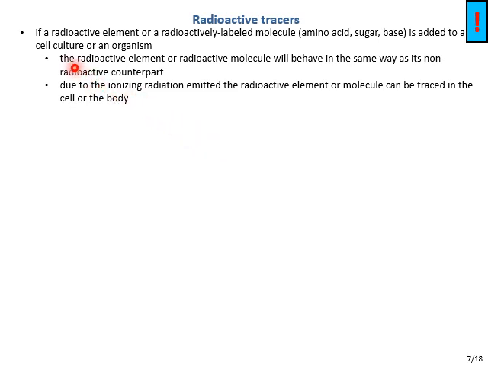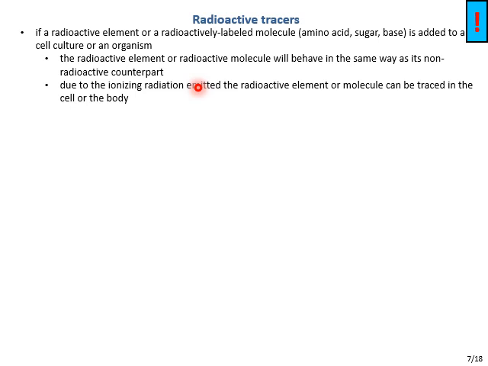The principle of this approach is that if we label a molecule, a metabolite, glucose, or any kind of amino acid with a radioactive isotope, then this radioactively labeled version of the molecule behaves in an identical way to how the non-radioactive counterpart behaves.